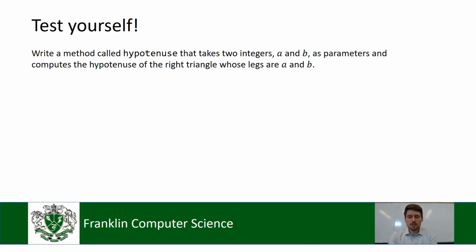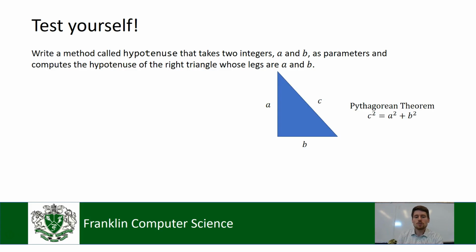Okay, let's do a practice problem. It uses the math library. We're going to write a method called hypotenuse that takes two integers, a and b, as parameters, and it computes the hypotenuse of the right triangle whose legs are a and b. So remember the Pythagorean theorem.